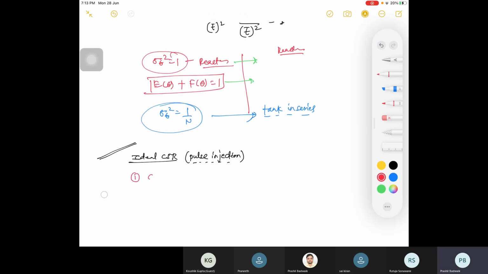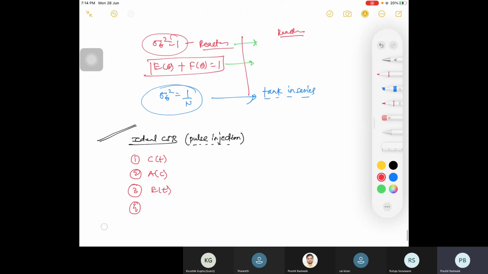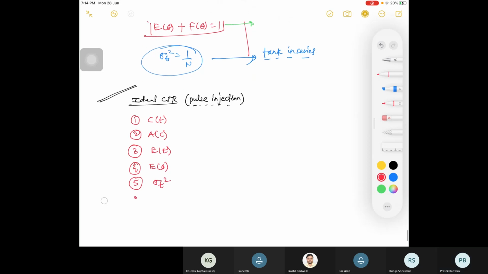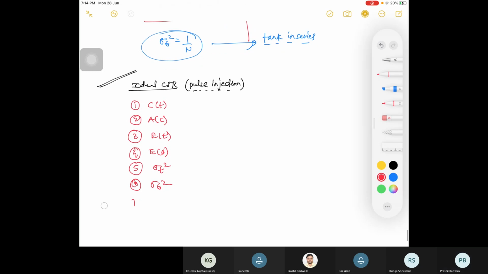First, what is C of t? Second, what is the area under the C curve? Third is E of t. Fourth is E of theta. Fifth is sigma t square. Sixth is sigma theta square. Seventh is F of t. Eighth is F of theta. Please tell me one by one.